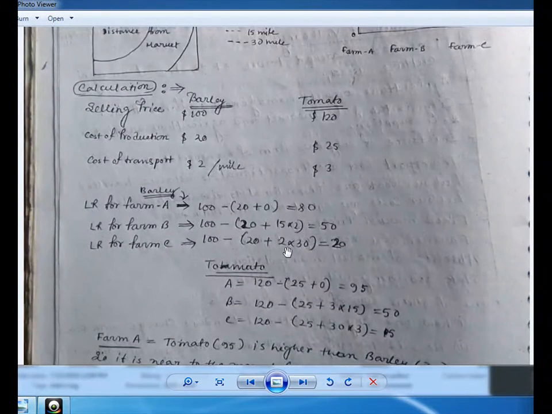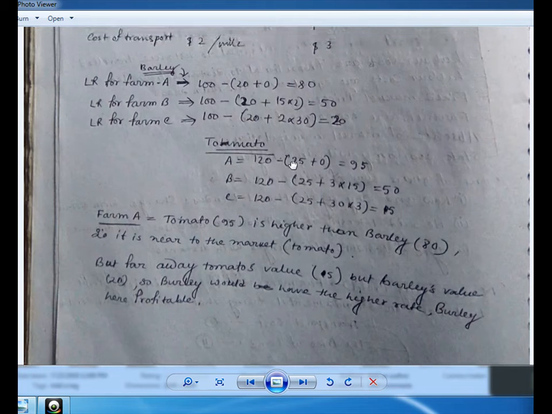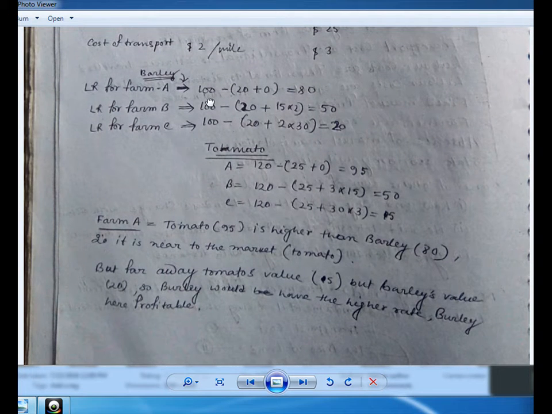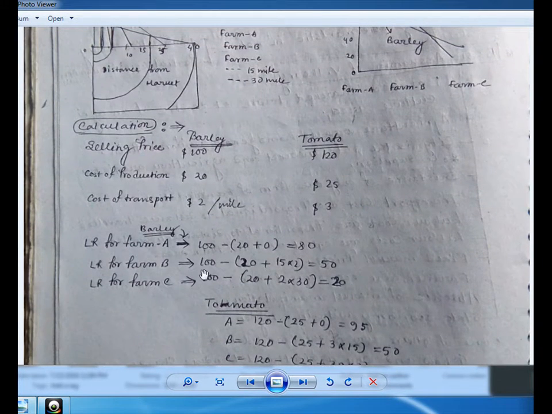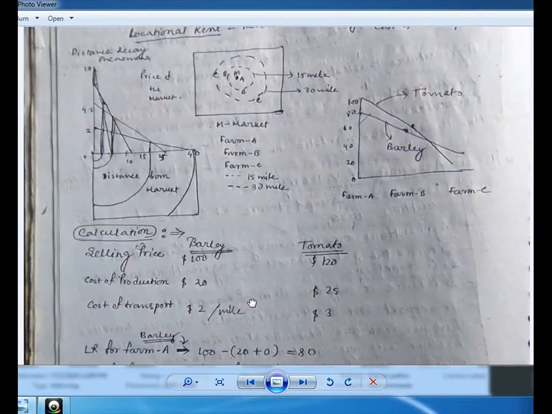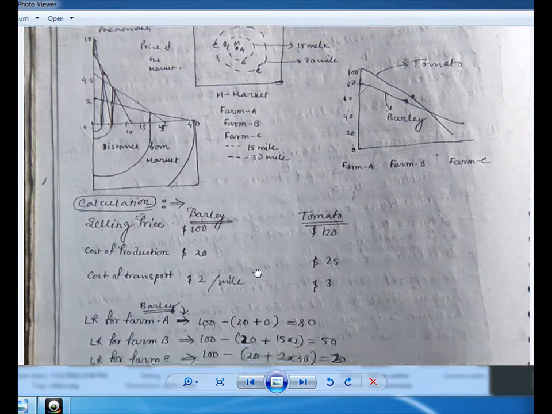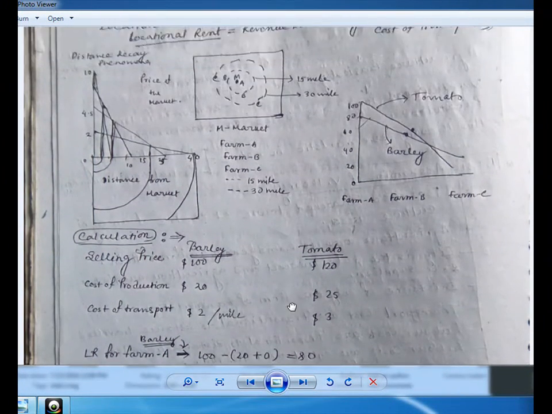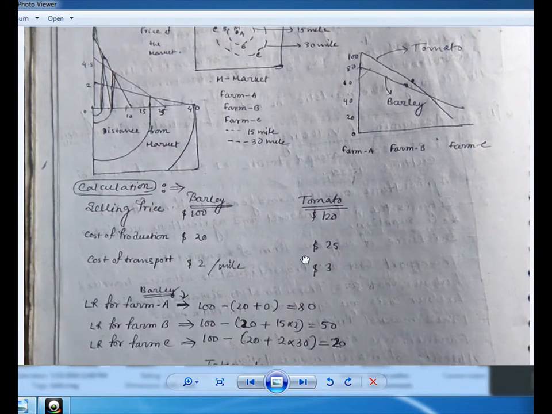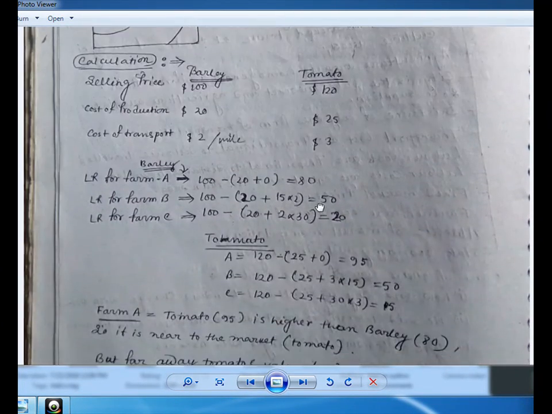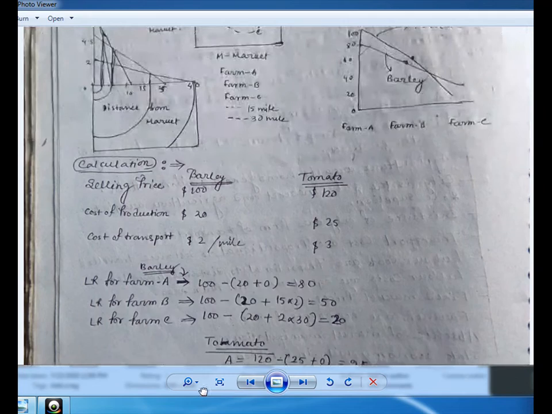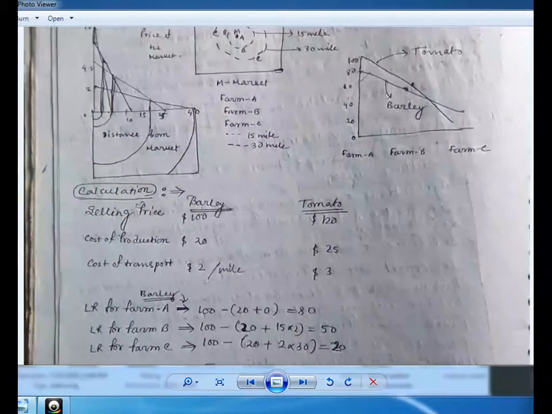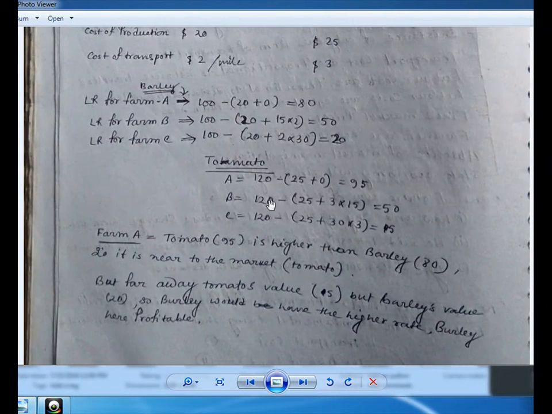Here barley is 100, and tomatoes are 120. For tomatoes, the locational rent of A is 120 minus 25 plus 0, which is 95. For B, it is 120 minus 25 minus 3 into 15, which equals 50.